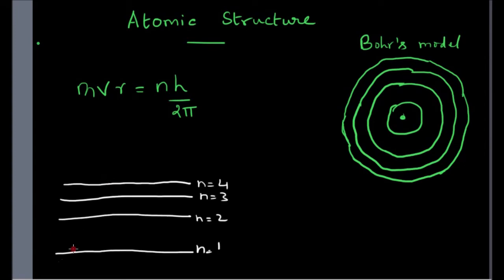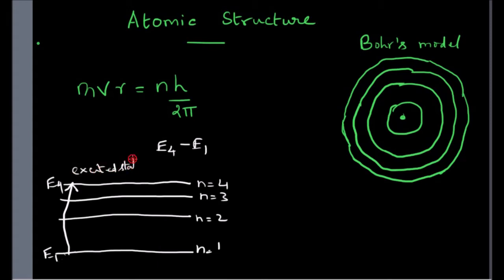When an electron jumps from the level n equal to 1 to n equal to 4, say, it absorbs energy equal to E4 minus E1. If E4 is the energy of the electron in the fourth orbit and E1 is the energy of the electron in the first orbit, if it is able to gain energy equal to E4 minus E1, it will be able to jump to the fourth orbit. Now it is said to be in an excited state.